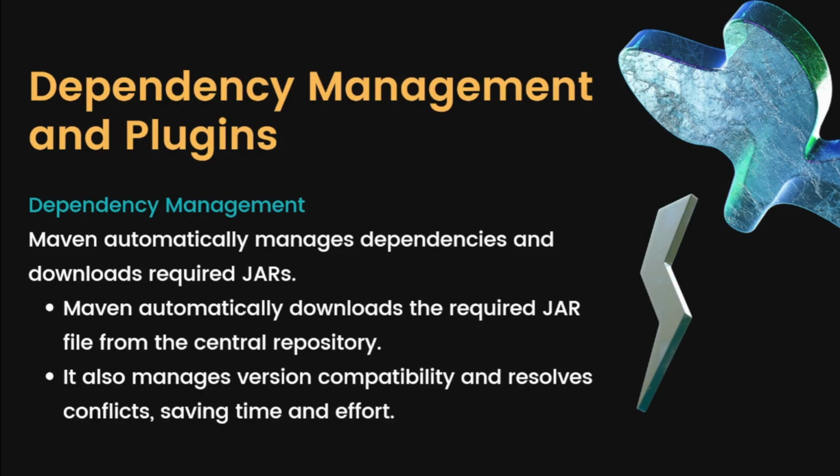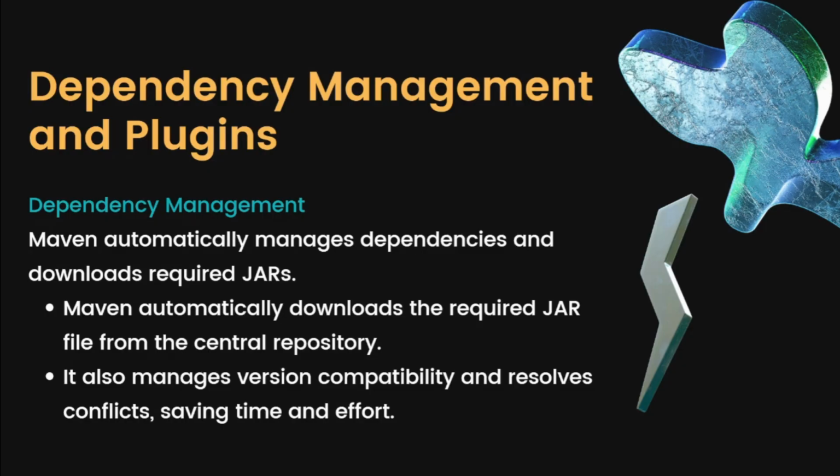Maven automatically manages the dependencies and downloads the required jars. To understand dependencies in a better way, let us consider an example. You are building a Java project, and now you need to connect your project with a MySQL database.